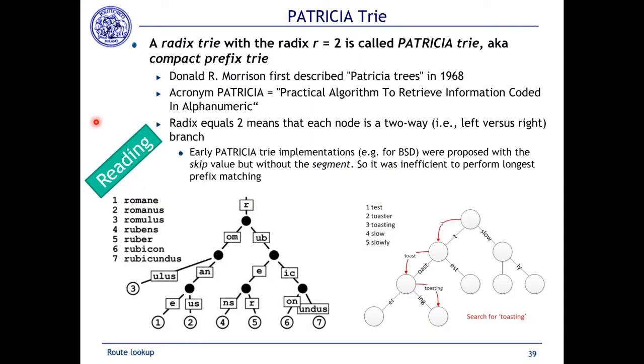If this value is 2, the tree is called Patricia. Patricia is an acronym, it actually means practical algorithm to retrieve information coded in alphanumeric, but it's a nice name, and it was introduced back in '68 by Morrison.